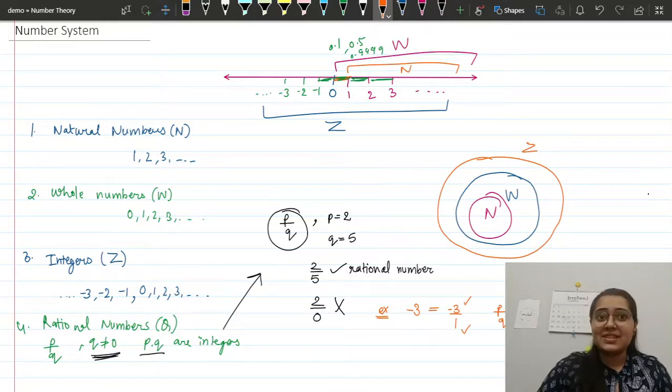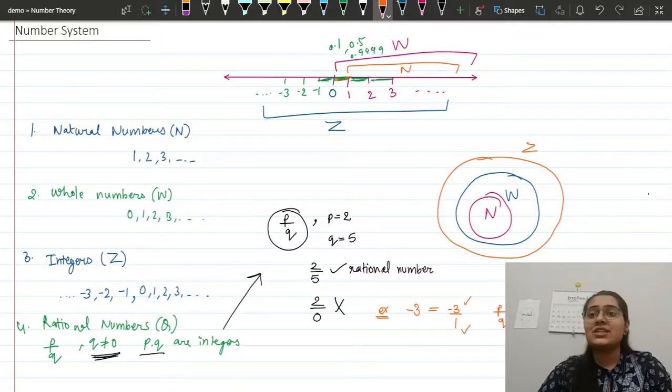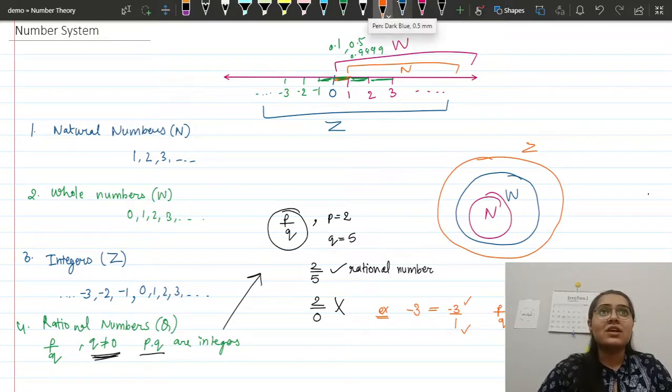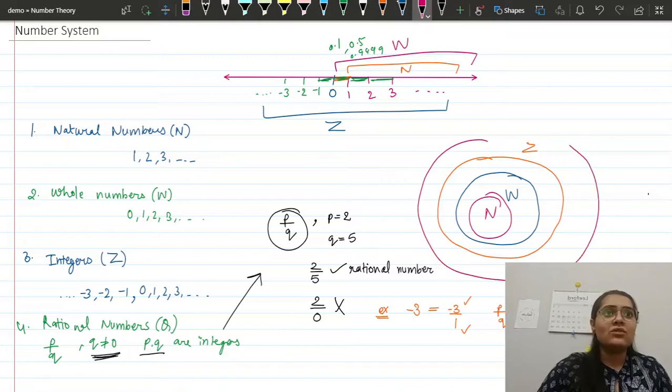So yes, we can say that this integer -3 is a rational number. Similarly, all integers can be written in the form of rational numbers. So here we can add one more circle to our diagram, and we can say that all of these numbers are contained inside the set of rational numbers.